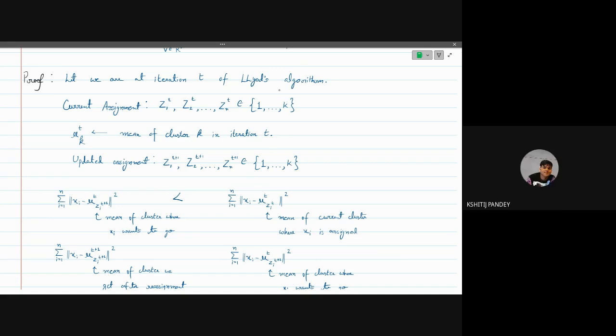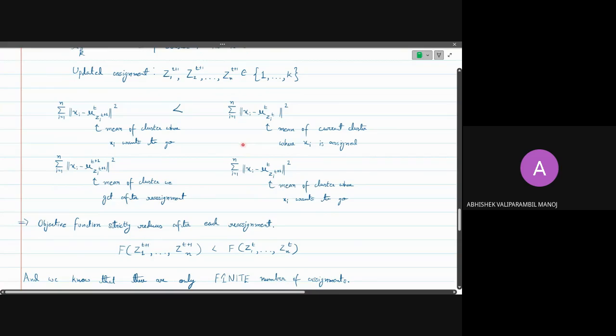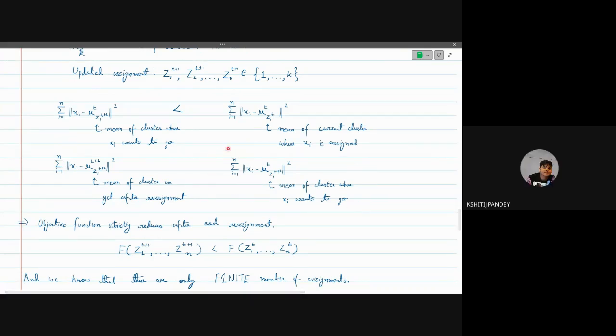Now, this is the value of the objective function at an intermediate stage. After this, we accordingly reassign the points to clusters, correct? Correct, depending on the cluster they want to go to.